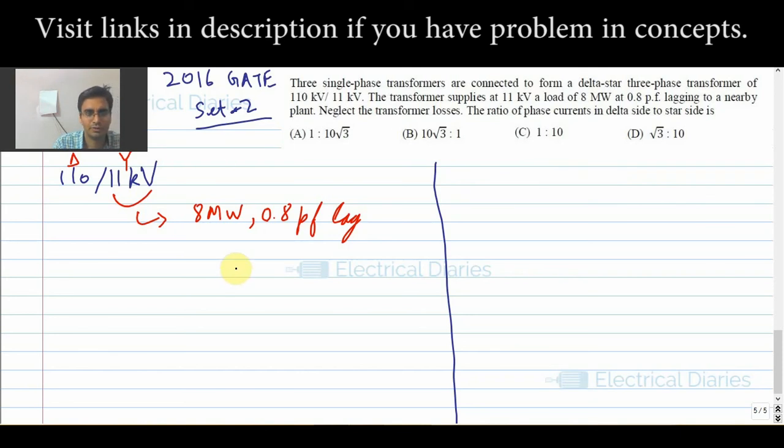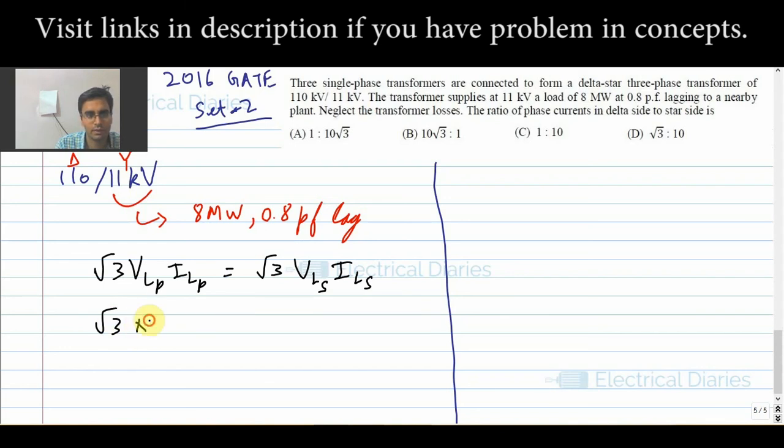See, one thing we can always understand is that in transformer questions the S, the kVA rating, will be the same on the two sides, that is root 3 VLP ILP, the line voltage and line current of the primary side, will be equal to root 3 VLS ILS, the line voltage and line current of the secondary side.